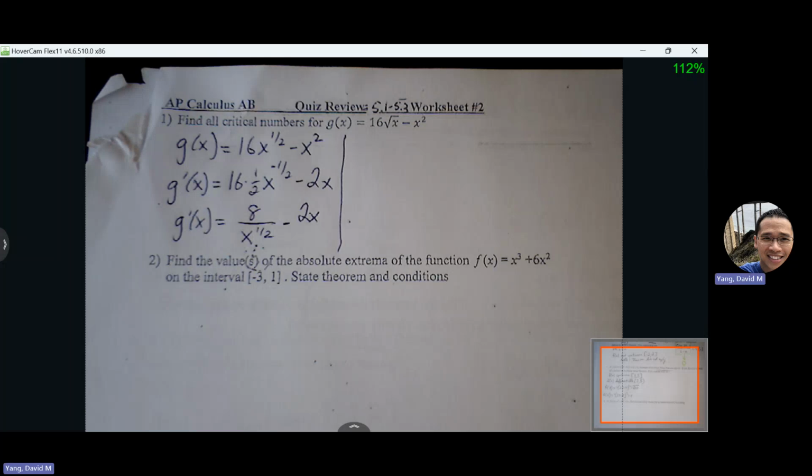Anytime you have split fractions, split terms, we do need to merge them into the same fraction so that we can clearly see places to look for critical points.